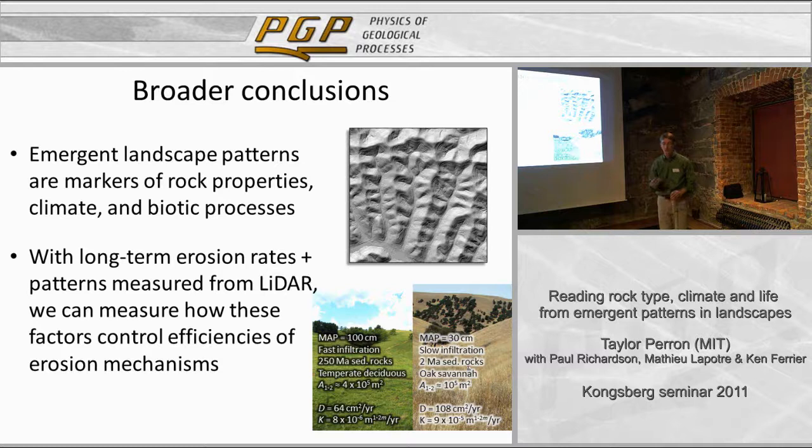And now that we have higher resolution topographic data from laser altimetry and other sources, and can make long-term measurements of erosion rates, it becomes feasible to start to use the topography to get long-term process efficiencies and relate those to lithology and climate and biology too.